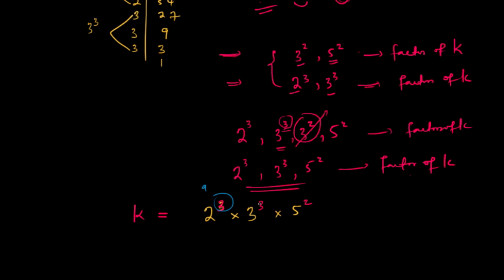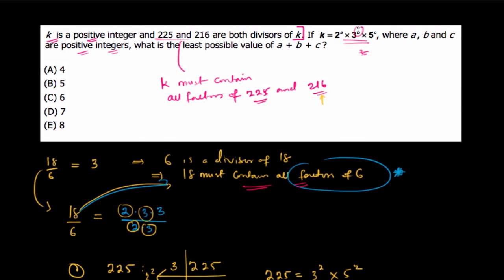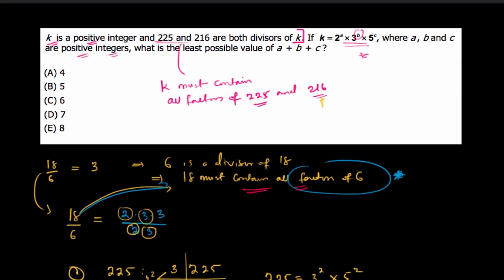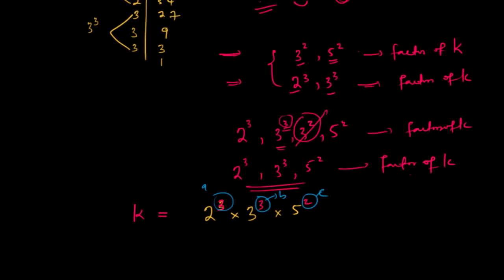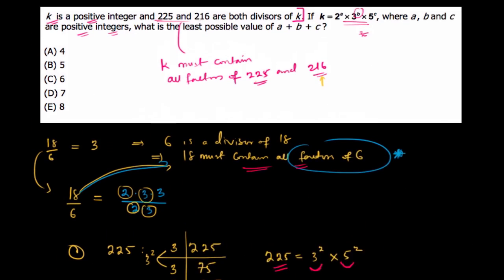So we'll call this my a, this will be my b, and this will be my c. Based on what we have here, it says 2 to the power a, 3 to the power b, and 5 to the power c. So my a is 3, my b is 3, and my c is 2. So let's go back to the question.